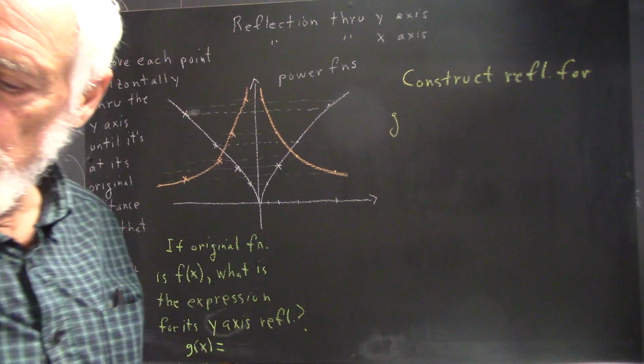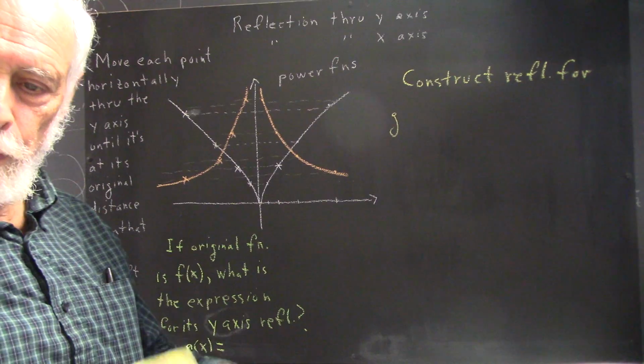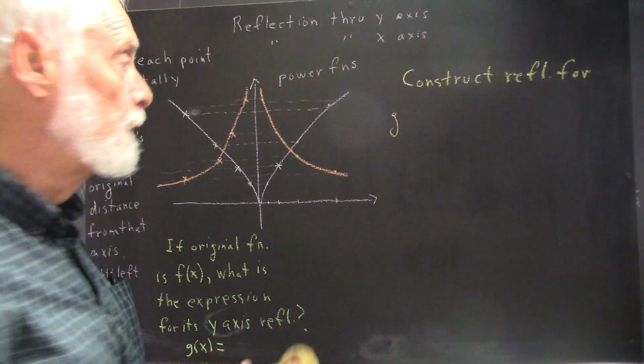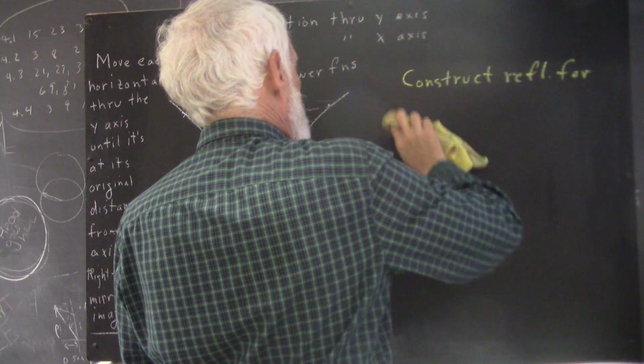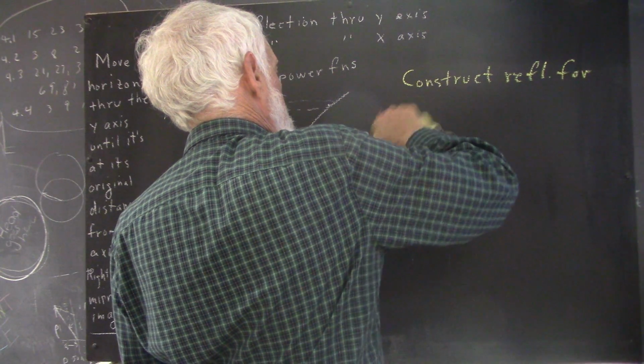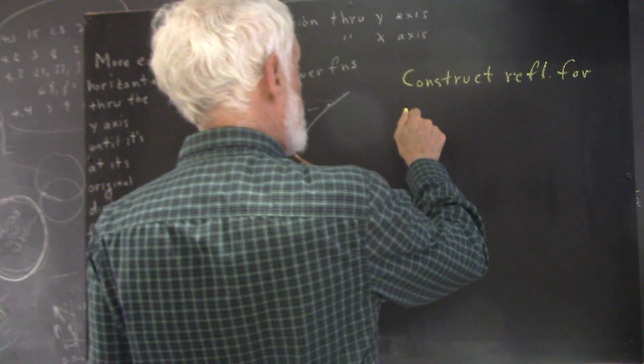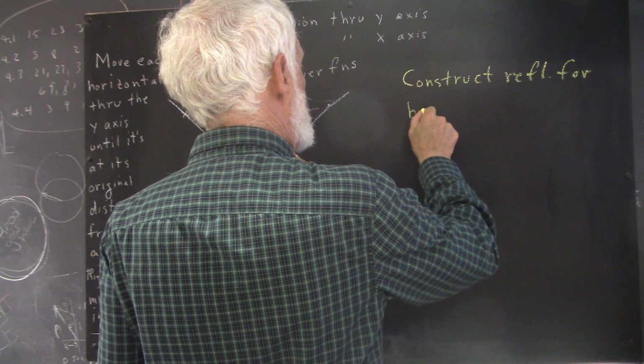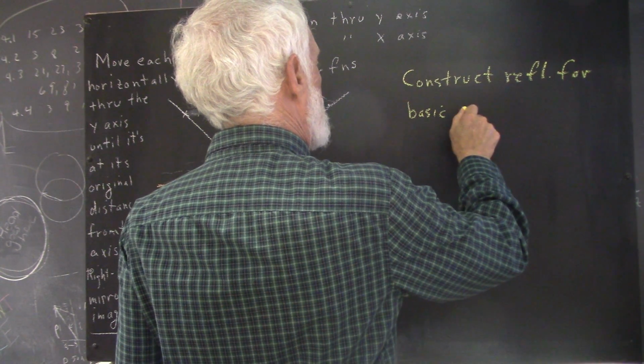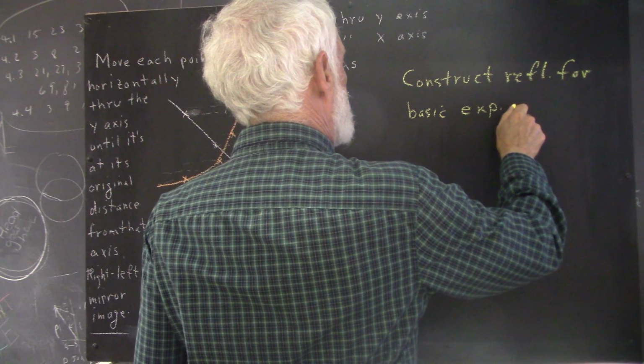I was going to write a word, but there's a little confusion around what the word general means, so I'm just going to get rid of that. I don't want that word in there right now. So we're going to construct a reflection for your basic exponential graph.